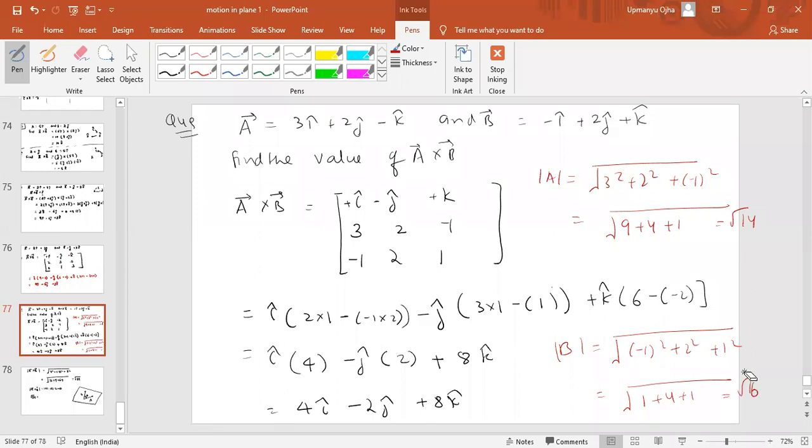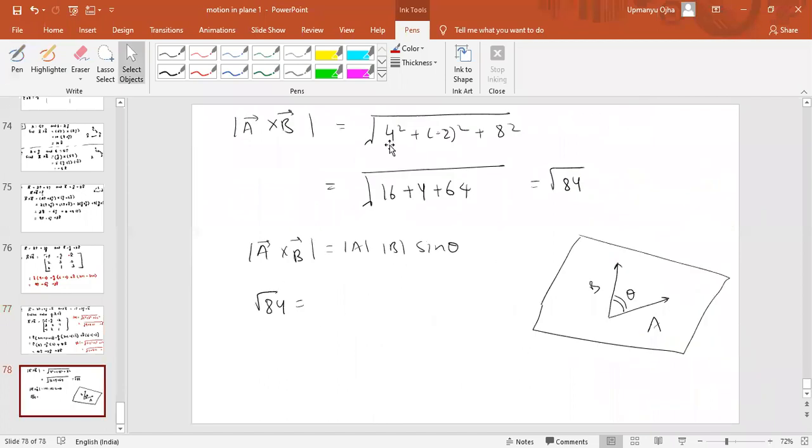Root 14 by root 6. So sine theta will be equal to root 84 divided by root 14 root 6. So that is the angle between A and B vector.